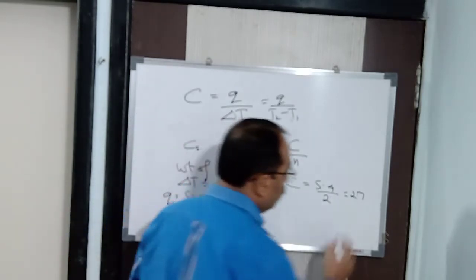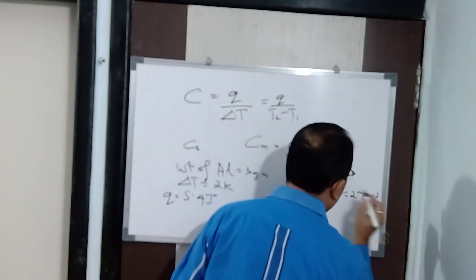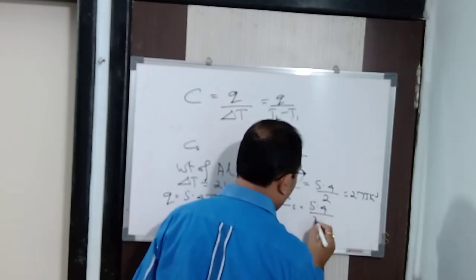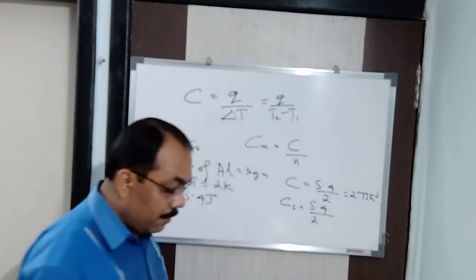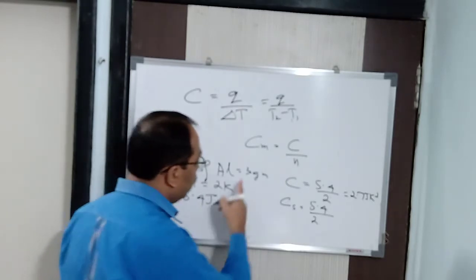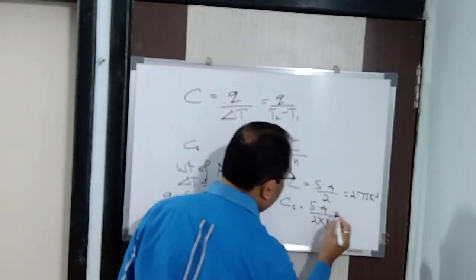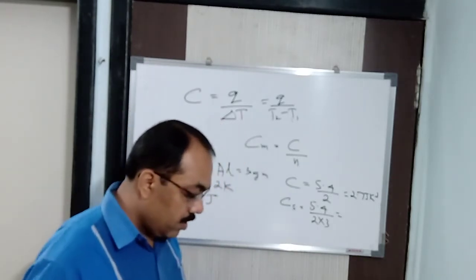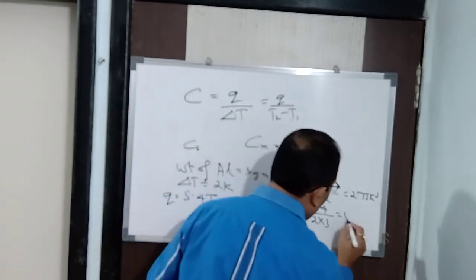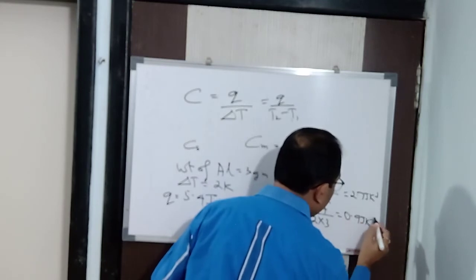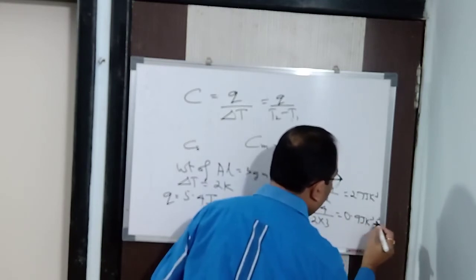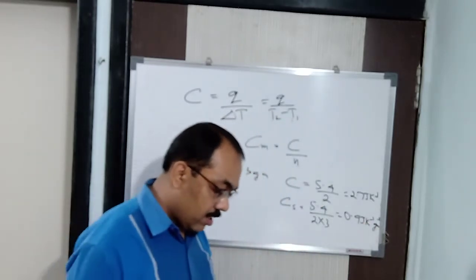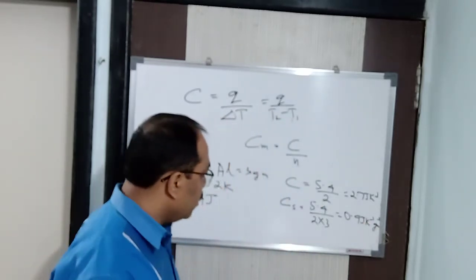Now specific heat capacity: that is per gram, so we divide by 3 grams. 2.7 by 3 gives 0.9 joules per Kelvin per gram. So this is your specific heat capacity.